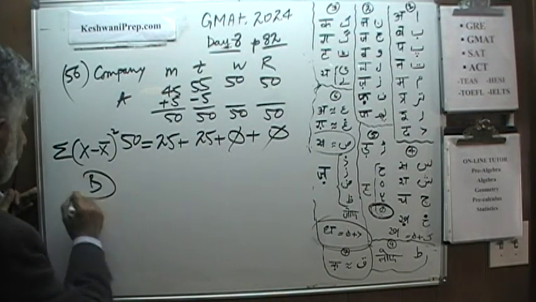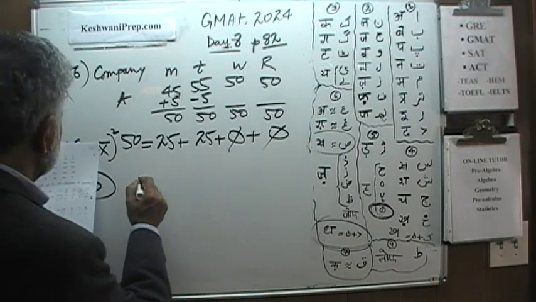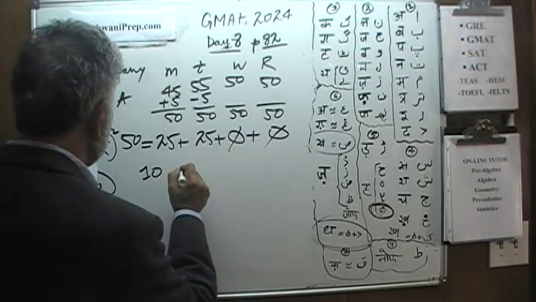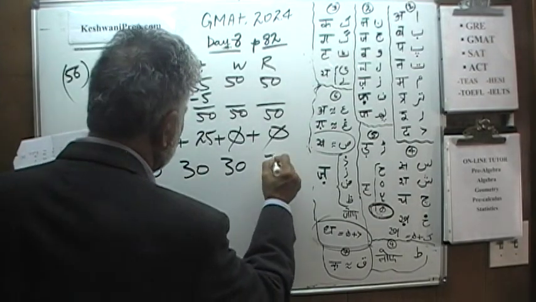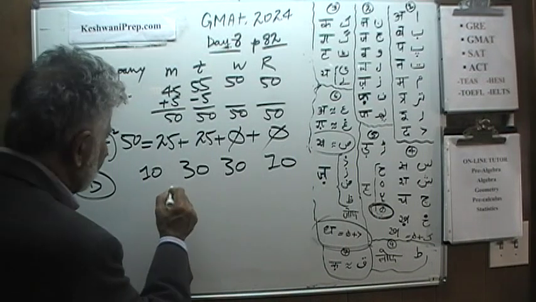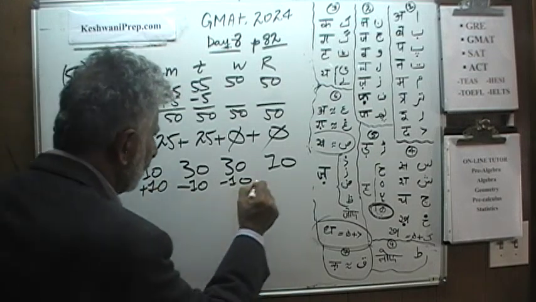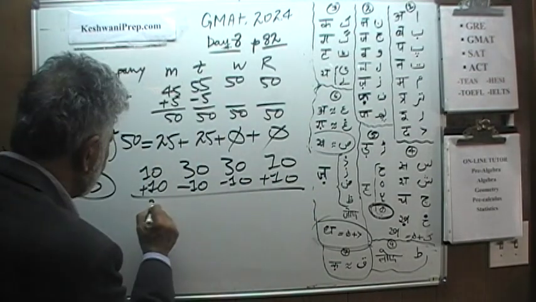B. 10, 30, 30, and 10. Again, the same thing. For the mean, you take away 10 from this one, 10 from this one, and give it to this one and that one. Now they all become 20.